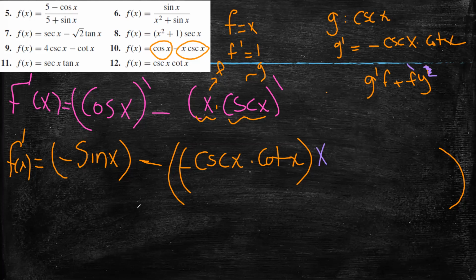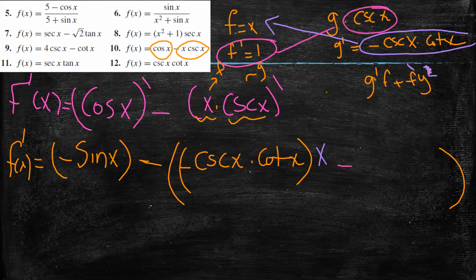So the first one, I said g prime times f, and f prime times g, which is 1 times cosecant x. The rule is plus, not minus.